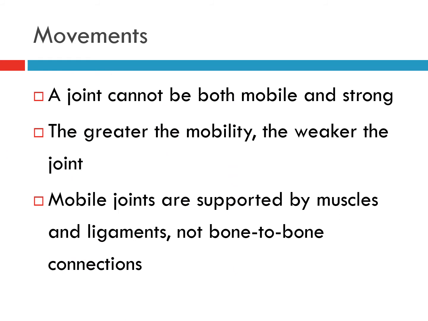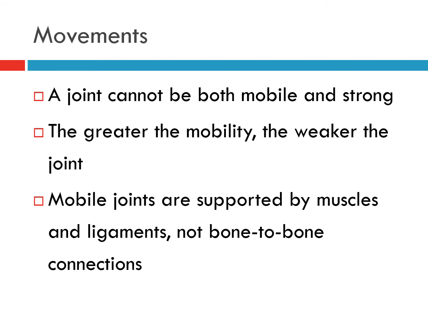So, a reiteration: a joint cannot be both mobile and strong. It has to be either strong and immovable or slightly movable, or it can be freely movable but weak. When we have those mobile joints, like the shoulder, the most mobile joint in the body, it's supported by a bunch of small muscles, also surrounded by a bunch of bigger muscles.